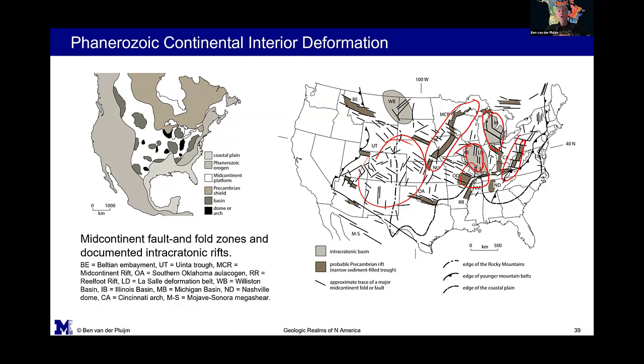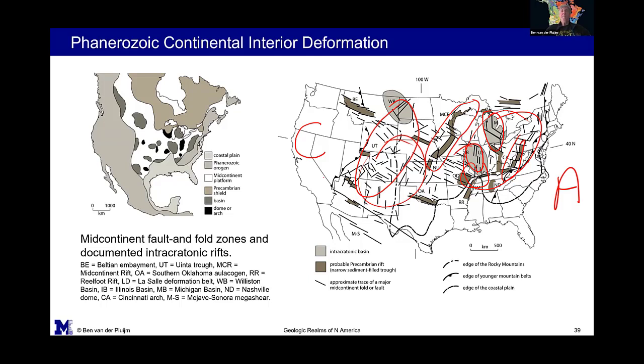And some of us have started to work on thinking about how it is possible to get all these features. Well, it turns out, this is why it's nice, you can actually link events that are happening on the Appalachian margin with features that are happening on the eastern side of North America. You can find things that happen at the Cordilleran margin with features of deformation that happen on the western side of the plate interior.